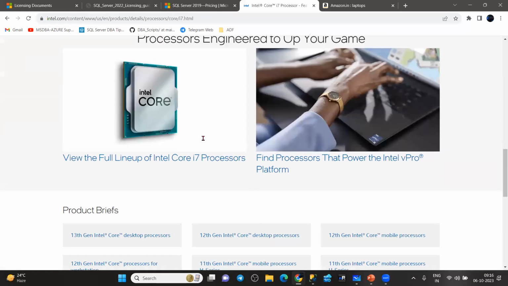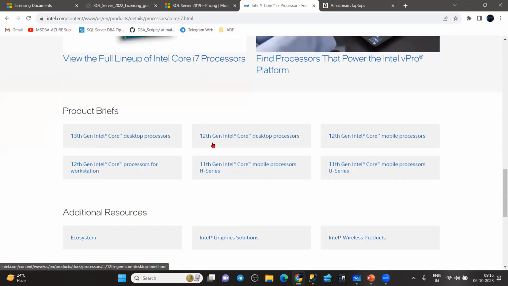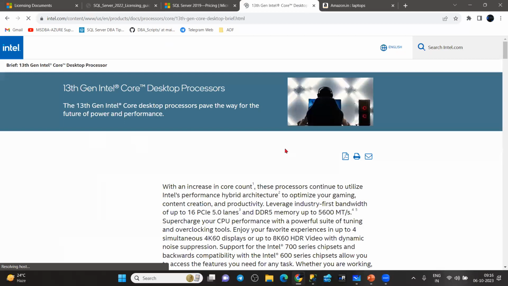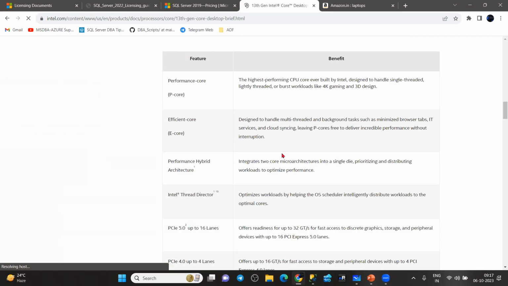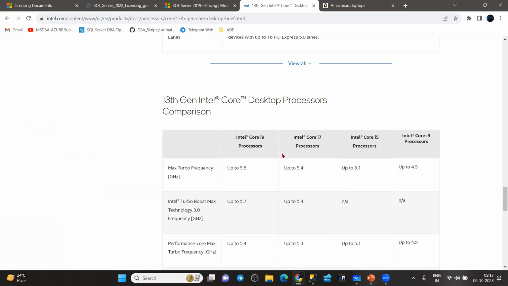In i7, you have 11th generation, 12th generation, 13th generation. Again in i7 you have generations, and I want to go for the latest generation, the i7 13th generation.